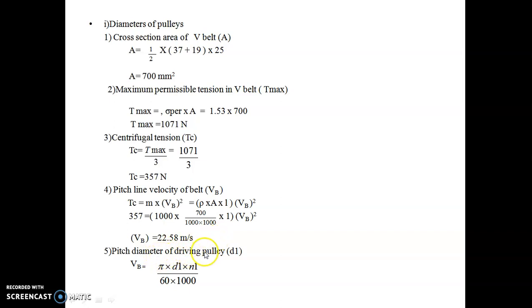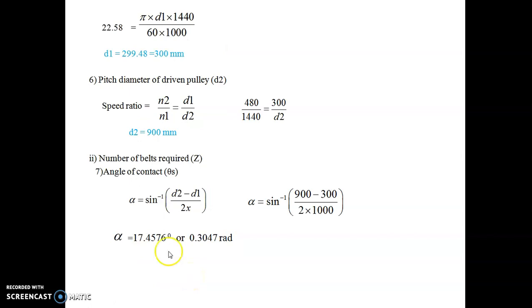Now pitch diameter of driving pulley D1. We know the velocity of belt Vb is pi D1 N1 upon 60 into 1000. So by putting the value of velocity Vb 22.58 and N1 1440, we can get the value of D1, that is the diameter of driving pulley, 300 mm.